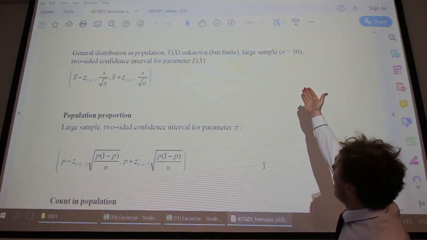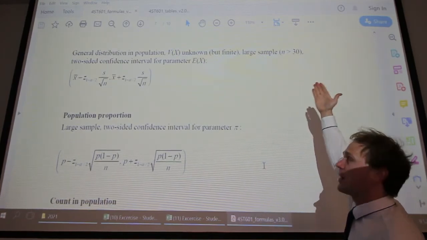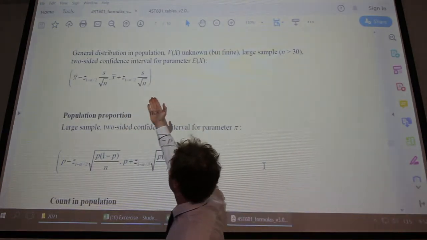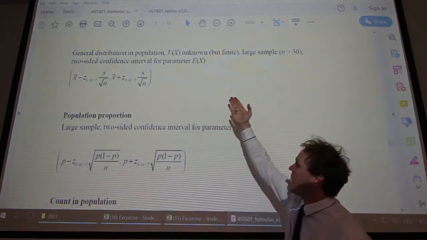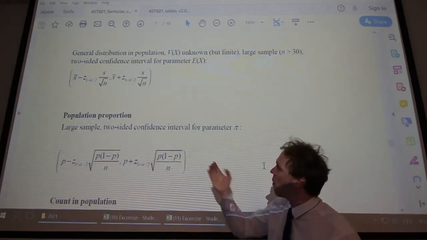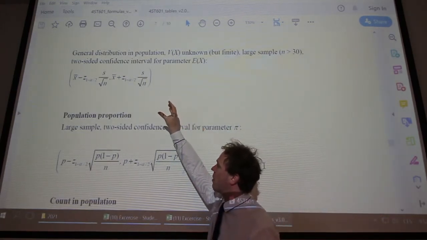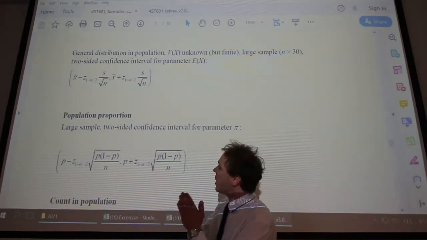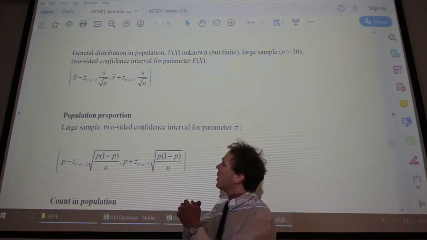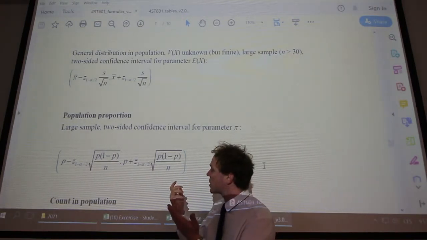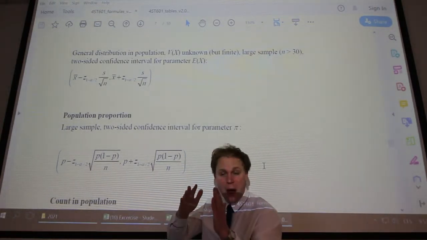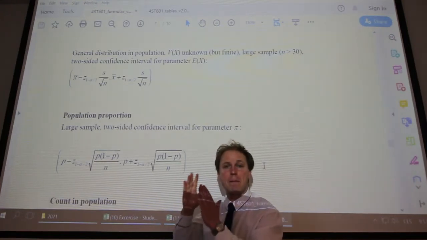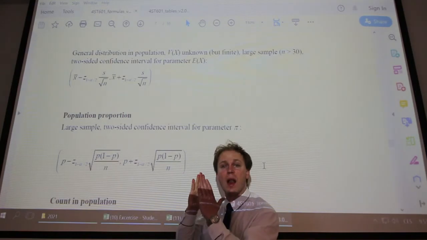Large sample, n must be higher than 30, and there is a formula for the two-sided confidence interval for the parameter Ex, the expected value. I will rewrite this formula on the whiteboard, and also the sample statistics, and we will solve two confidence intervals for males and for females, because we require 95 and 99% confidence level.